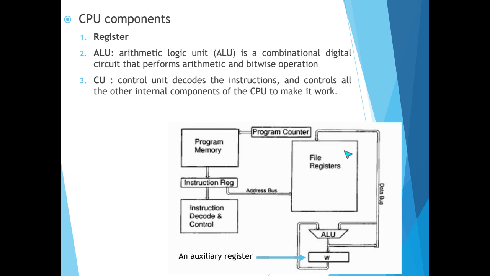ALU is the arithmetic logic unit, and it is a combinational digital circuit that performs arithmetic and bitwise operations. And about the CU, which is the abbreviation of control unit, the control unit actually decodes the instruction and controls all the other internal components of the CPU so they can work.